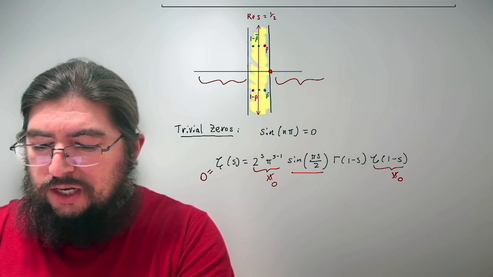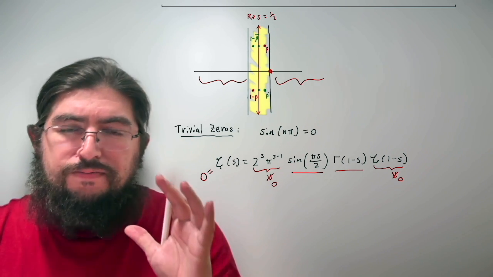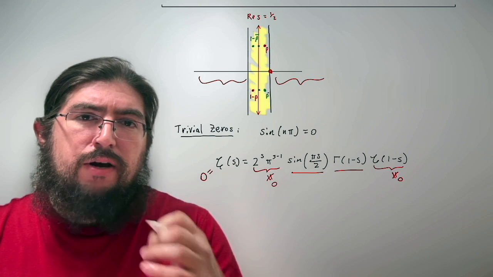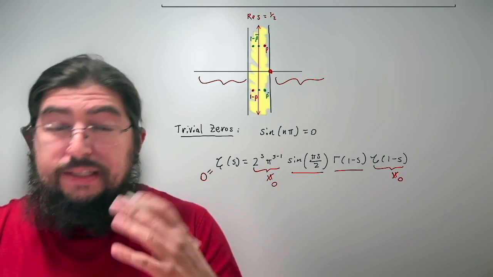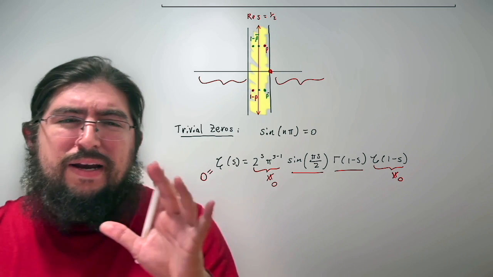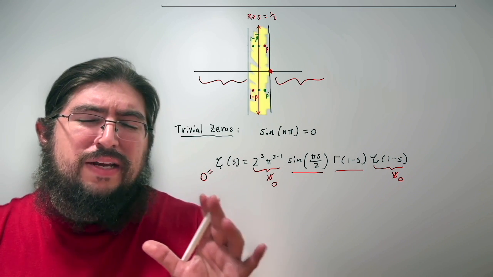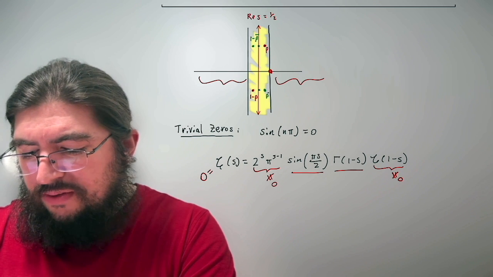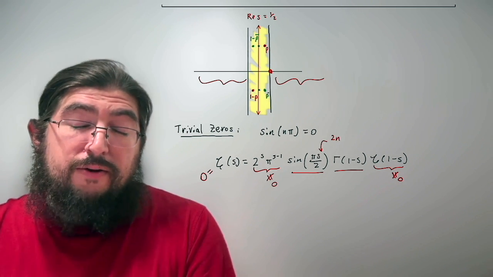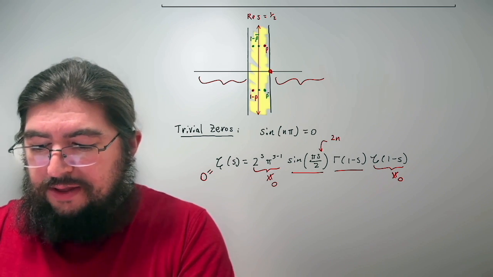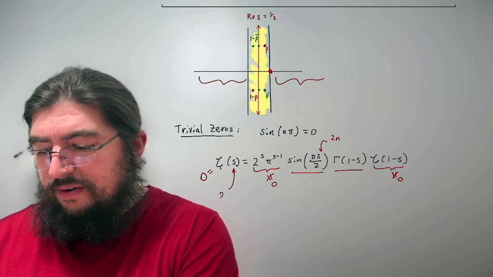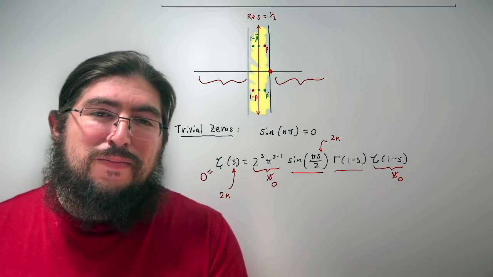Now it has to do with sine and gamma. As it turns out, gamma is not 0 necessarily, but it has poles sometimes. It's infinity sometimes. But it's easy to see when it shouldn't give you an issue. If s is 2 times a positive integer, then you'd have sine being 0, and then this whole thing would be 0, but that would be an issue because zeta of an even number is not 0.